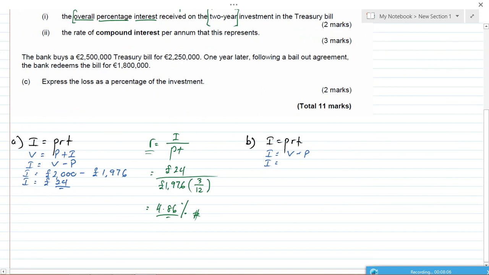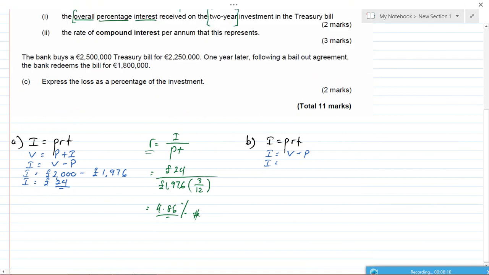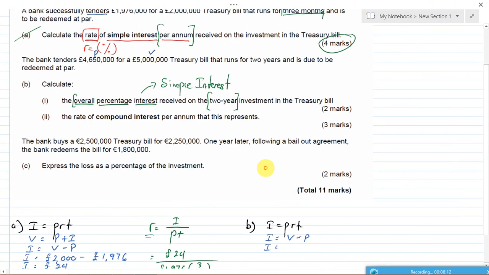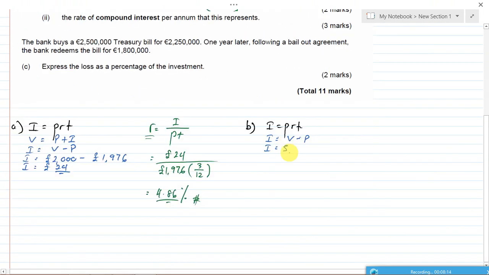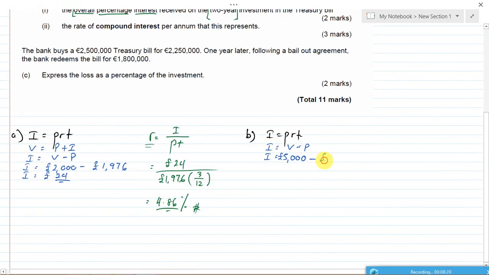Therefore, you take 5,000 minus 4650. How much is your I? 350.